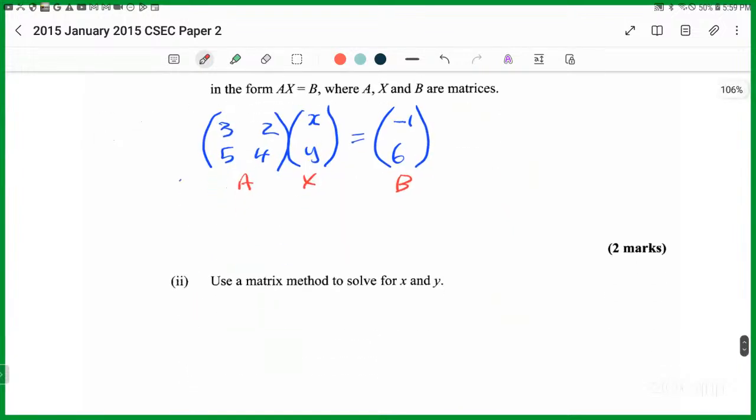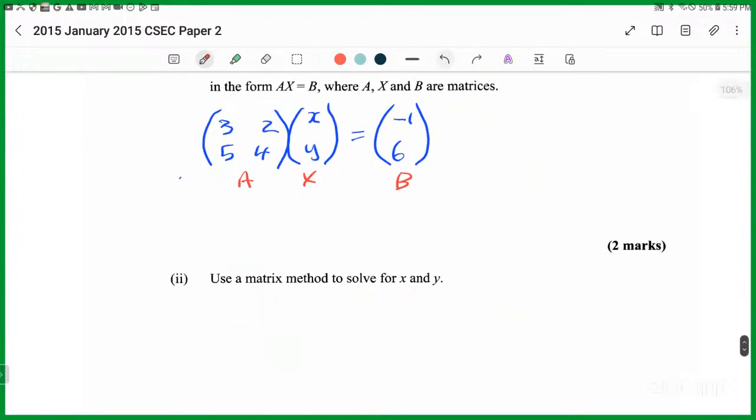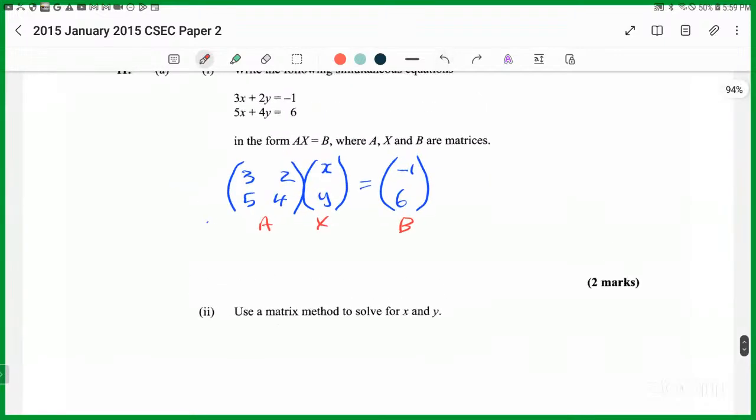It says use a matrix method to find x and y. So we are trying to solve for this. Then the inverse of this goes in front here. What's going to happen is that x becomes equal to A to the minus 1 times B, coming from AX equals B. So the inverse of A, because it is in front on this side, goes to the front on the right side.